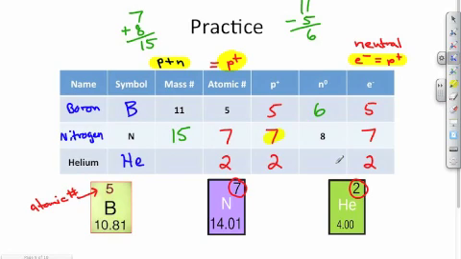Now, I can't figure out the number of neutrons without a mass number. And unfortunately, I can't know the mass number without knowing the number of neutrons. So it seems like I'm at a roadblock here.